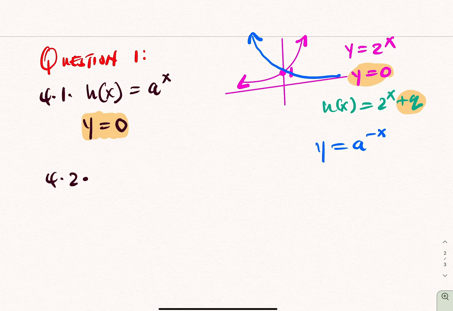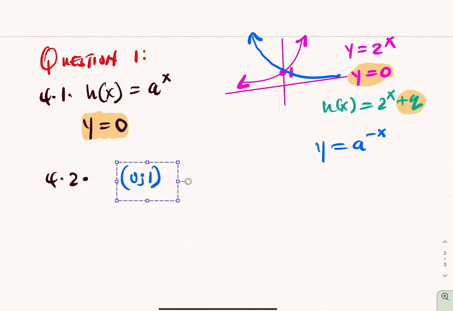But the y-intercept is really going to be (0; 1). This is your point. It's the y-intercept, the coordinates of R primarily.